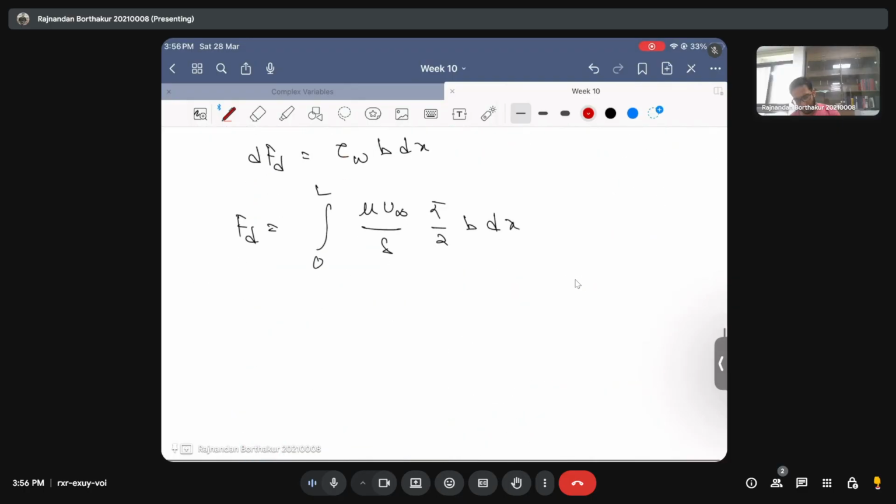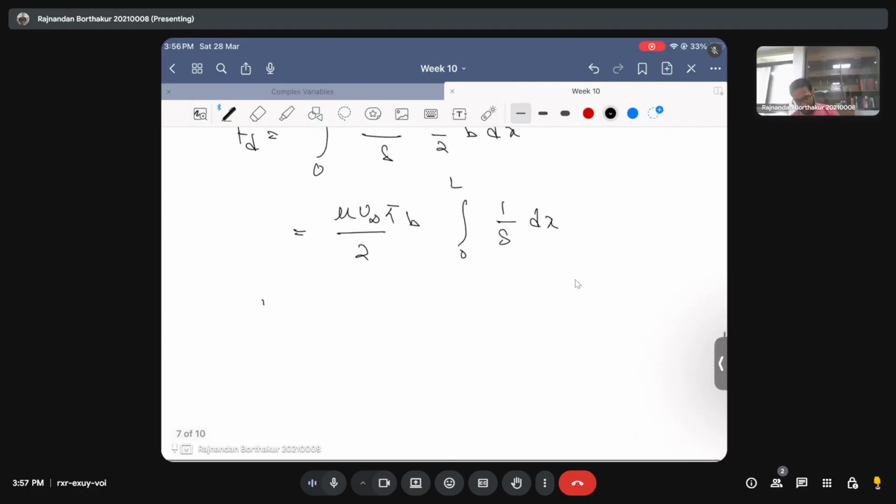So that's it. We just need to substitute the value of delta. Maybe I'll take the constants outside. u infinity is just a constant, so it is going to be out. Mu is also going to be out. So mu u infinity times pi by 2b, and this is integral 0 to L of 1 by delta dx.